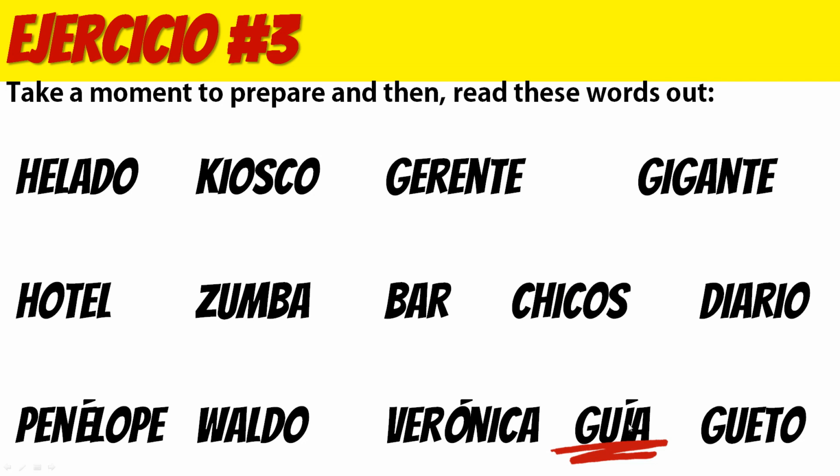Guía. Remember, G-U-E or G-U-I sounds like G. Guía. Ghetto. G-U-E, that's G. Zumba, or someone from Spain would say Zumba.